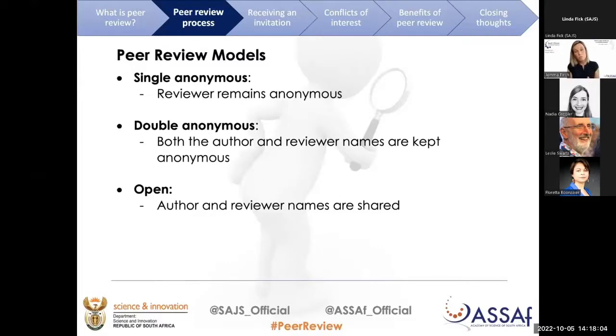Other journals will use a double anonymous model, and in this case, both the reviewer's names and the author's names are kept anonymous. So neither the author nor the reviewer knows who's on the other end. And then we have a more open model where both the author and the reviewer's names are shared and revealed. So these are the main models of peer review that are out there.